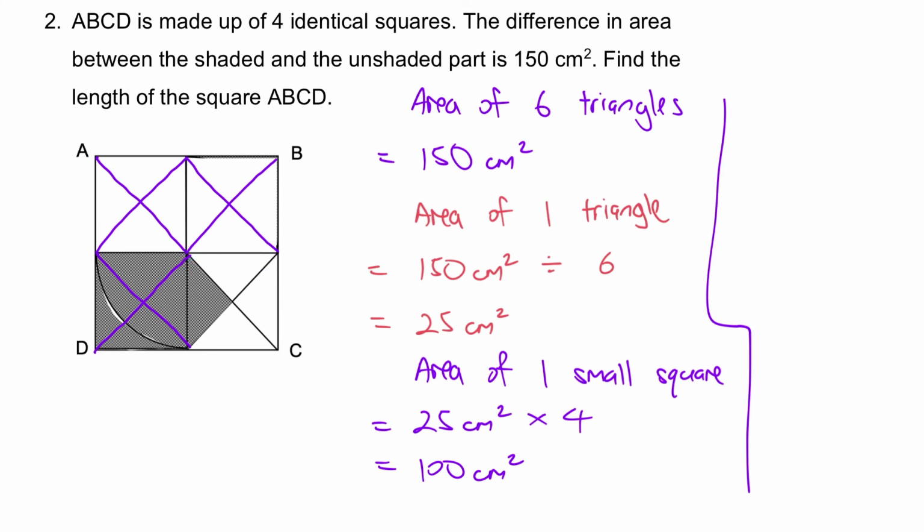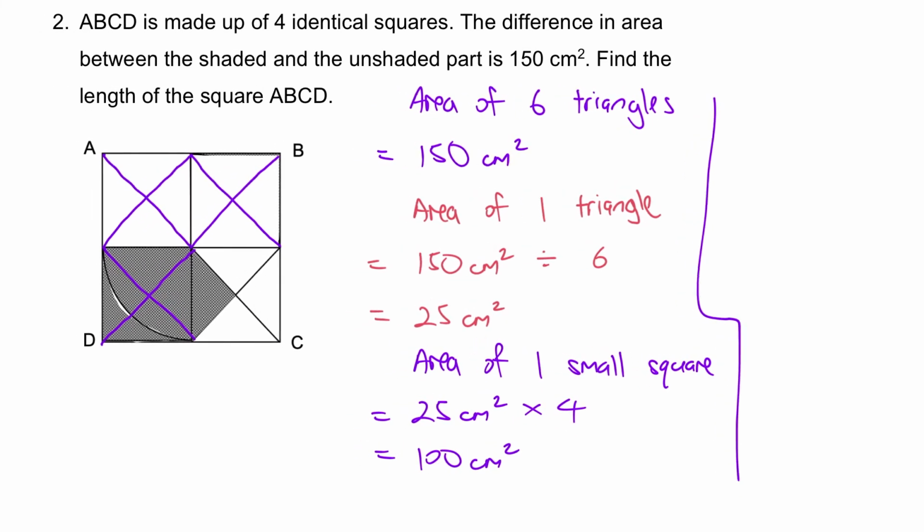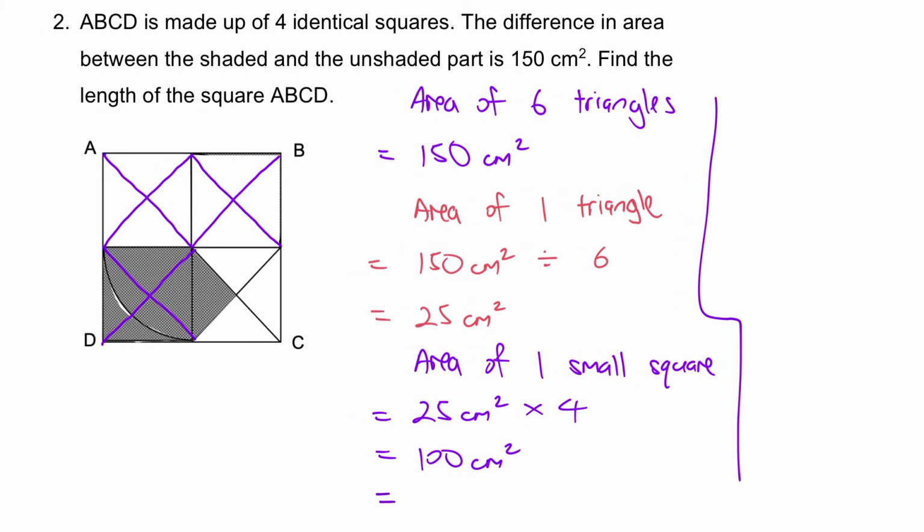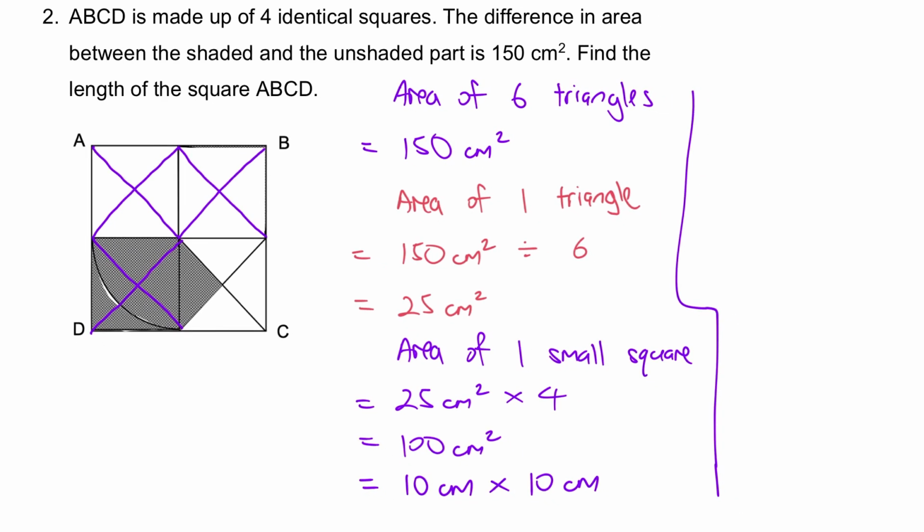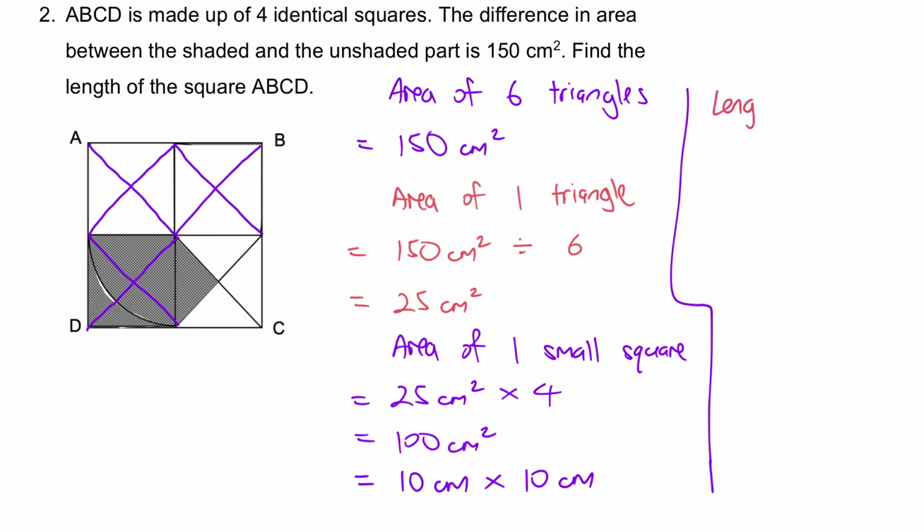So here, probably we can write something like this, equals to 10 times 10. This is to show that you know how you get a 10 cm. Okay, then next step would be the answer, isn't it? Length of the square ABCD will be 10 cm times 2, 20.